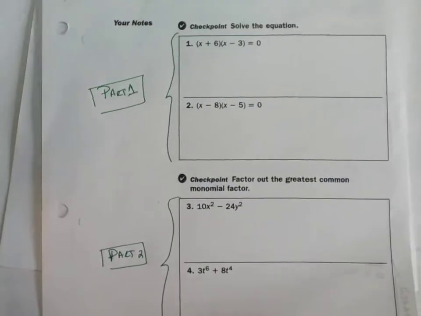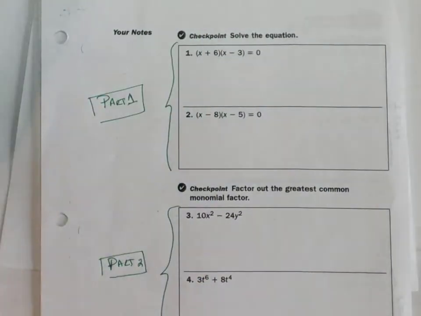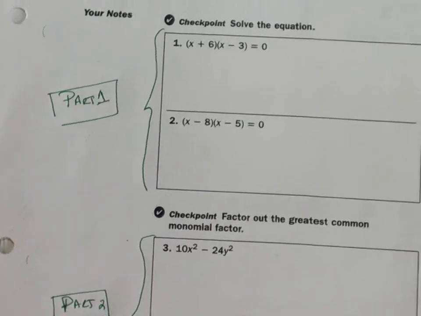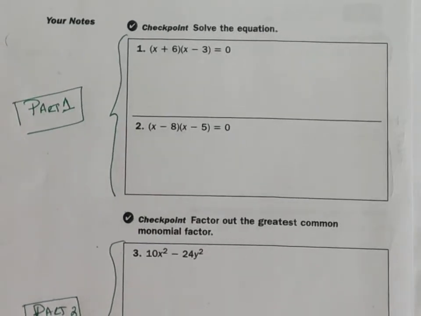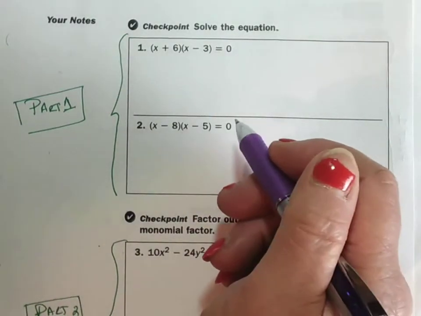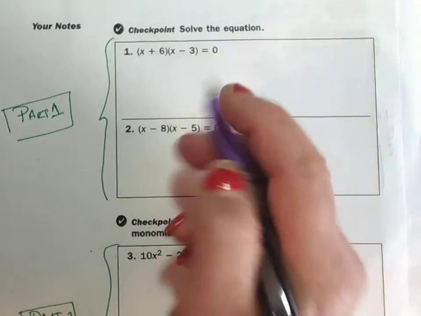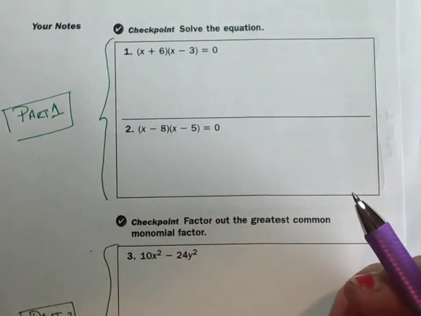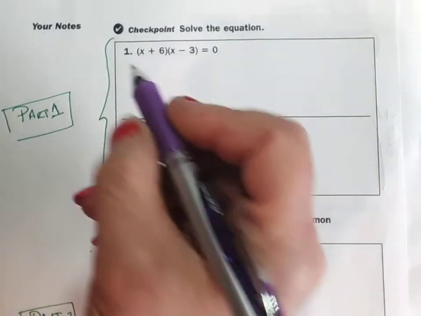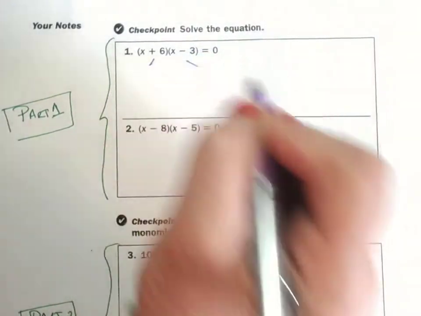And we are going to go to these two problems under checkpoint on the 3rd page. And here you can skip some steps because you've got good notes under example 1. But these are the required steps that you must show.